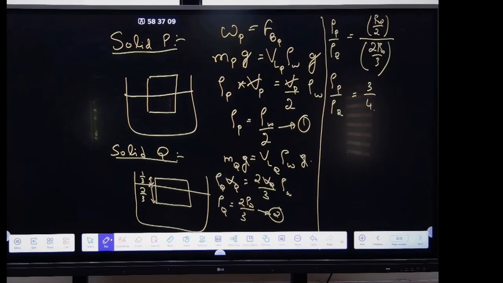What was the answer? So, instead of going for the option, which formula can we apply here?